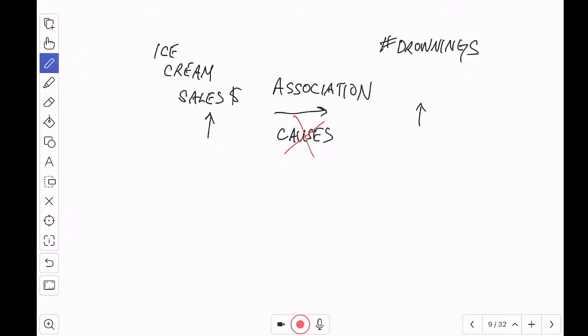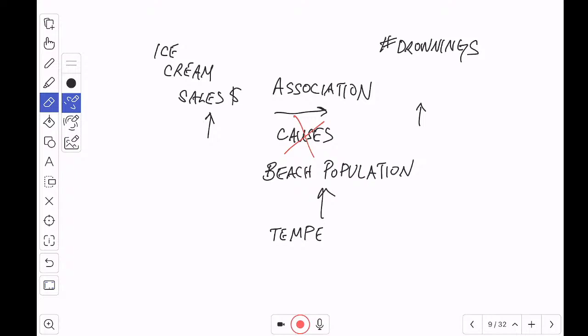And they propose beach population, which may be because of the temperature on the beach, or maybe I'll write them side by side. Is that how I do it? Let's do that.